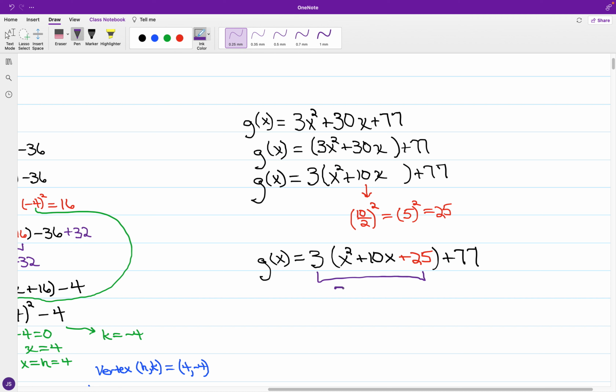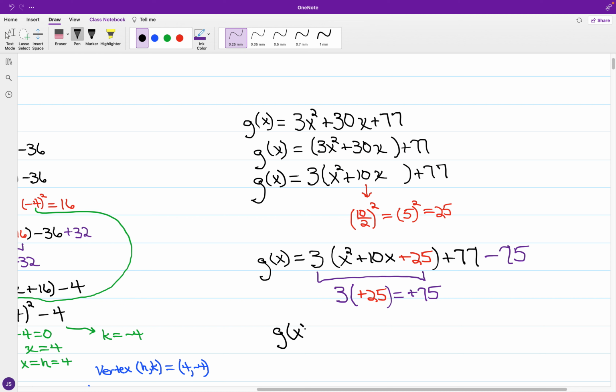But in the big picture, I'm actually adding 3 times 25. So in effect, I'm adding 75. So to offset the surplus, I'm going to take 75 away at the end.